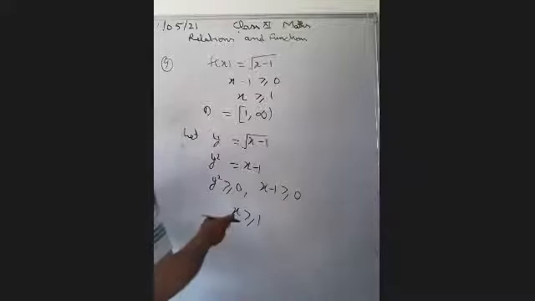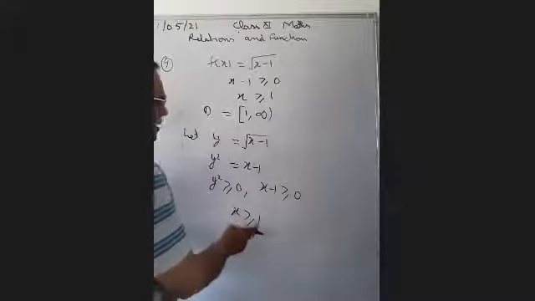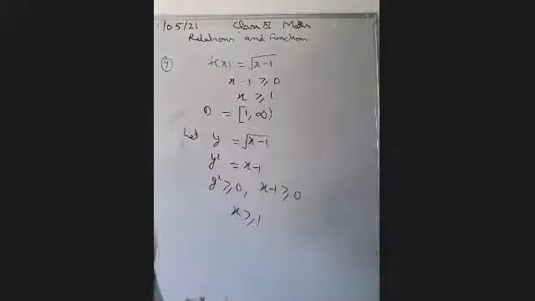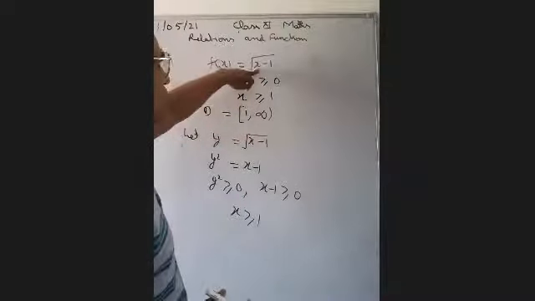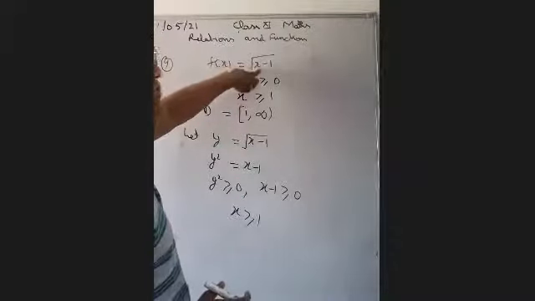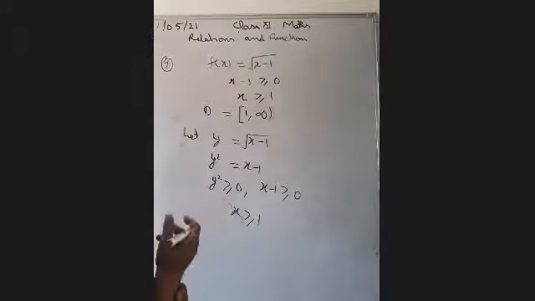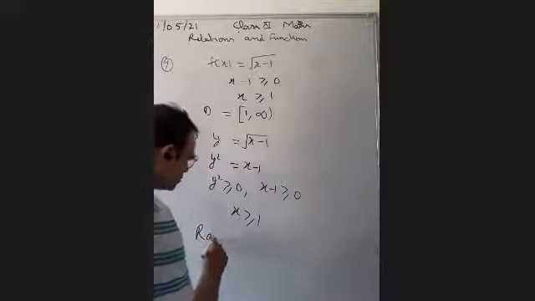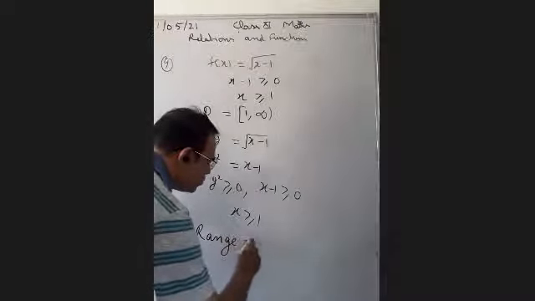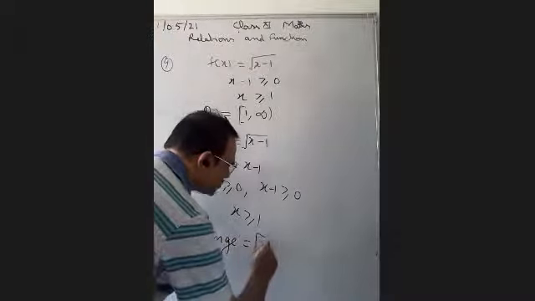Whenever we write the range, we take care of both things. In the domain we are taking x equal to 1, and the minimum value, if you put 1 here, is 0. The maximum value is unlimited. So taking care of both things, we write the range from 0 to infinity.